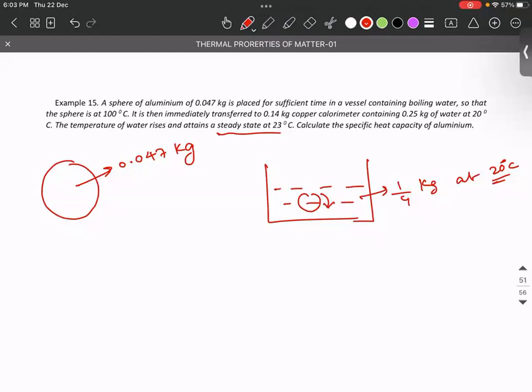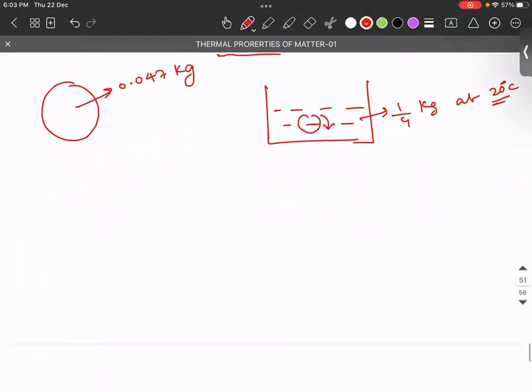Now you need to calculate the specific heat capacity of aluminum in this scenario. Okay. So what is the story? Heat lost by dash is equal to heat gained by dash. So who's losing the heat? Aluminum. And who's gaining the heat? Water. Right.